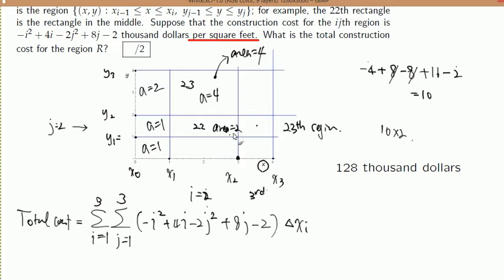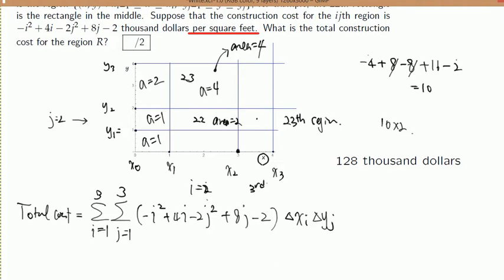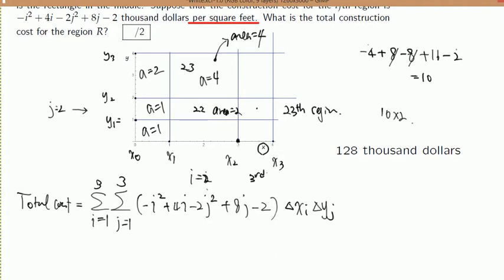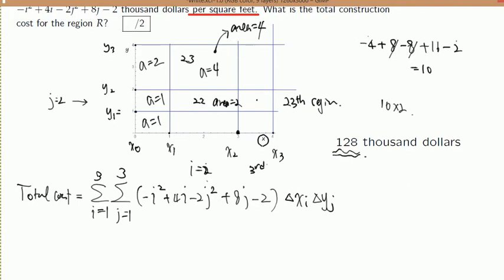And this length would be delta y_j for the jth interval you chose. So that would be the sigma notation for the total cost. And this is how I calculated it. Just type this into a calculator, computer, or Mathematica, and get the answer out of it. But if you do it one at a time, you feel everything about what's going on here.